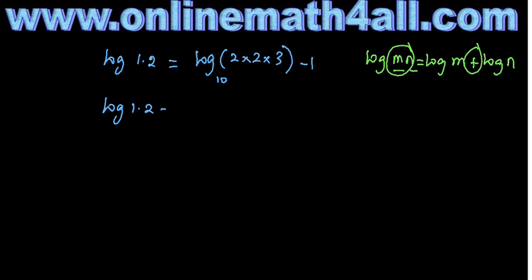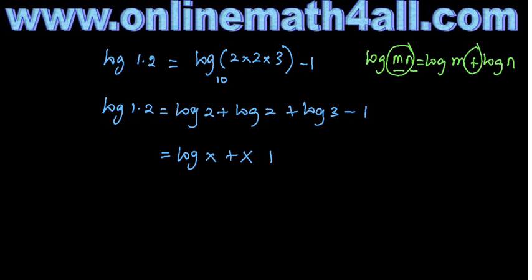So log 1.2 is equal to log 2 plus log 2 plus log 3 minus 1. And already we know that log 2 is equal to x. So log 2 can be replaced by x, and for log 3 we know y because it's given in the question, minus 1.